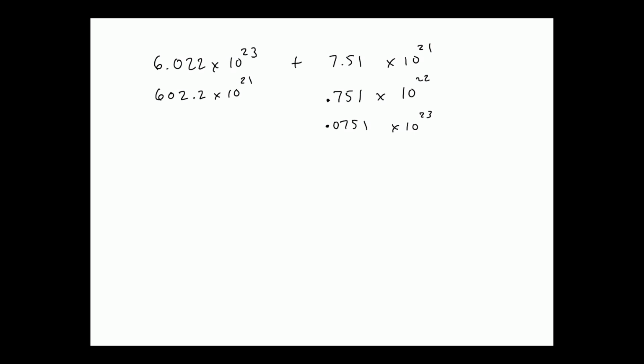The 602.2 times 10 to the 21st or the 0.0751 times 10 to the 23rd? Mathematically, there is no reason to choose one over the other if all we're concerned about is math. Okay. But are we concerned just about math? No. What else are we concerned about?